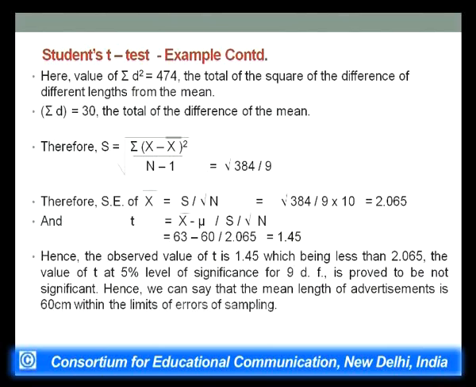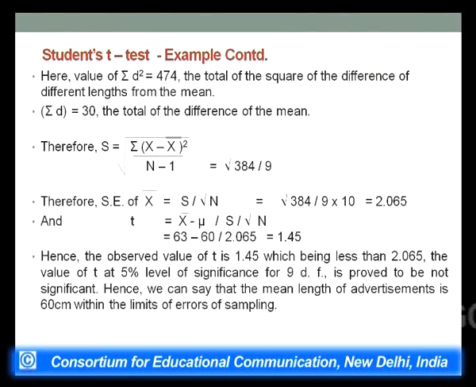Your present value on the basis of calculation is 1.45, which is less than 2.065. The value of t at 5% level of significance for 9 degrees of freedom is proved to be not significant.